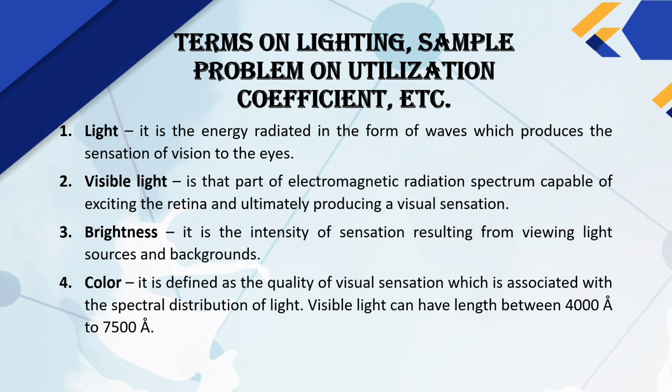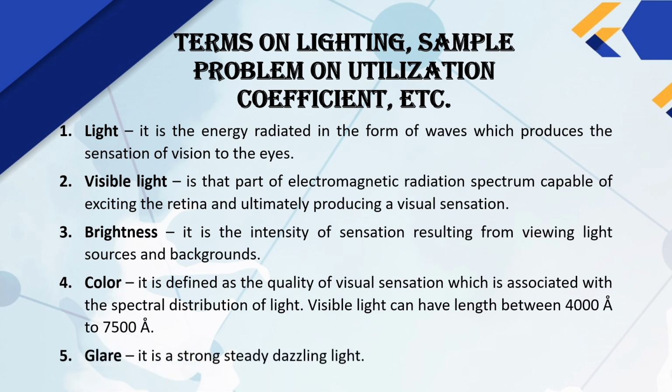It defines color as the visual experience we perceive based on the specific wavelengths of light. The range of visible light that humans can see spans about 400 nanometers, violet, to 750 nanometers, red. Different wavelengths correspond to different colors, and our perception of these colors depends on the distribution of light's spectral components.